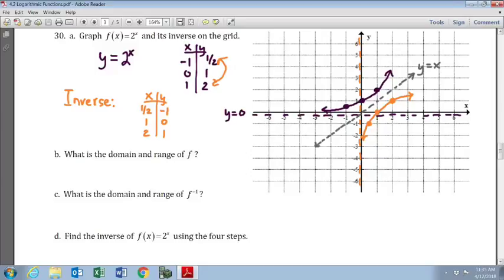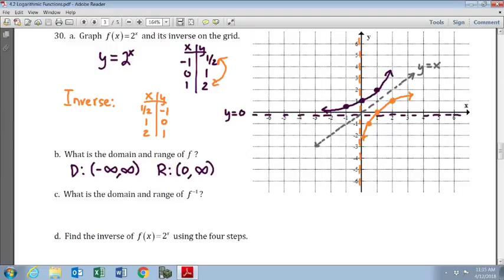And so that's what our graph looks like for the inverse. So now what's the domain and range of f? That was our original function, y equals 2 to the x, the one that's graphed in purple here. So the domain there is all real numbers, which is true for any of our exponential functions. And the range is going to, let's see, we don't quite get to 0. We start from just above 0 and it goes up forever.